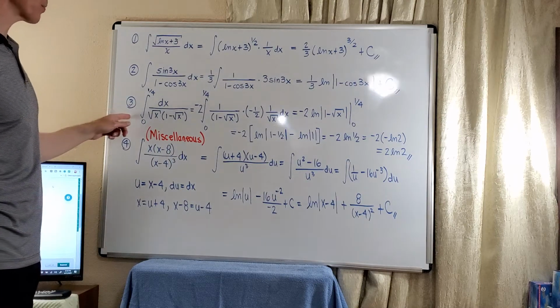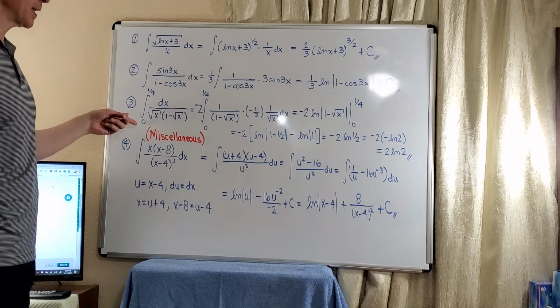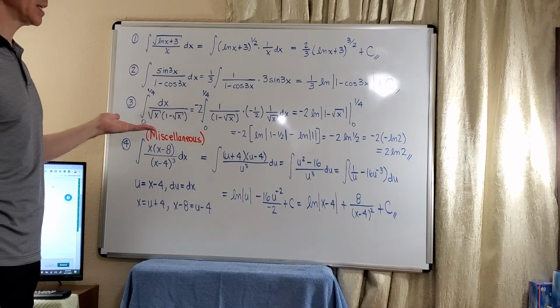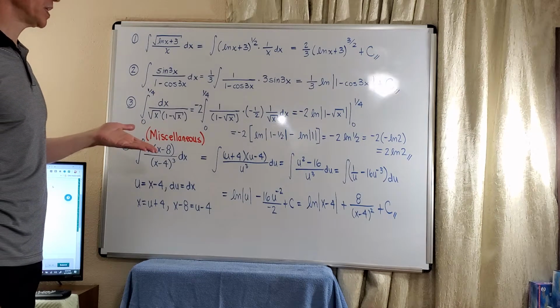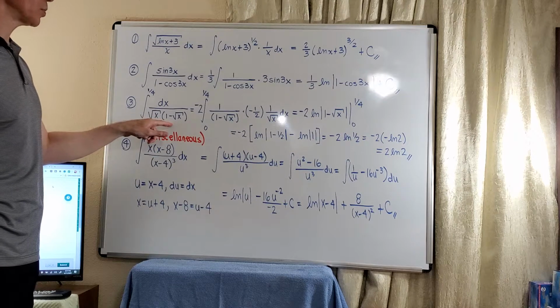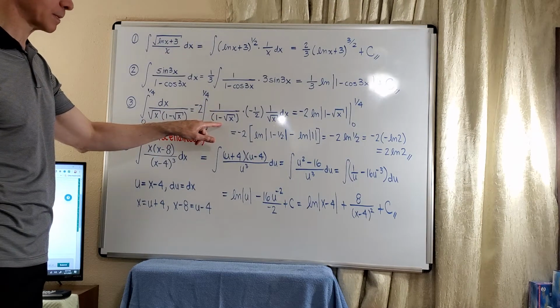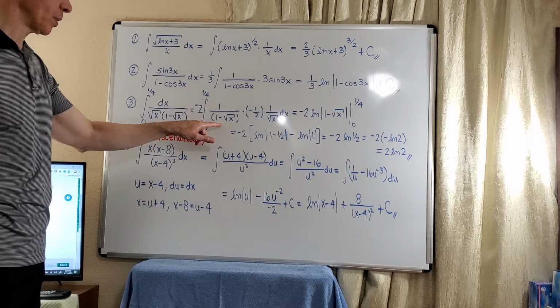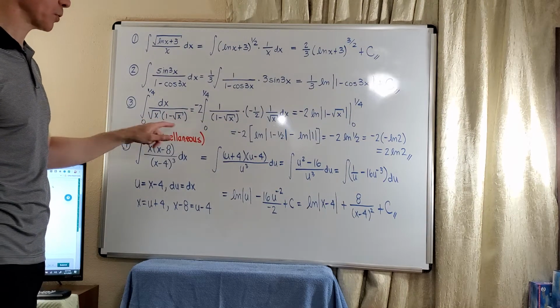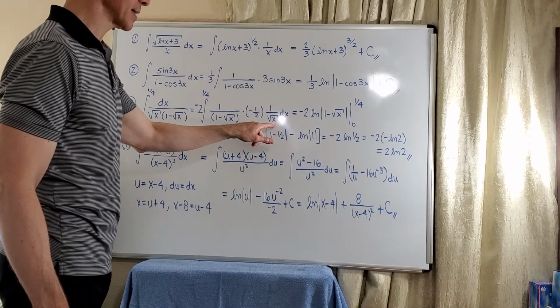Now here for number 3, we've got a definite integral, and it looks like a du, 1 over u du form. So what we're going to do is think of the 1 divided by 1 minus square root of x as the 1 over u, and then try to configure the 1 over square root of x as the du.